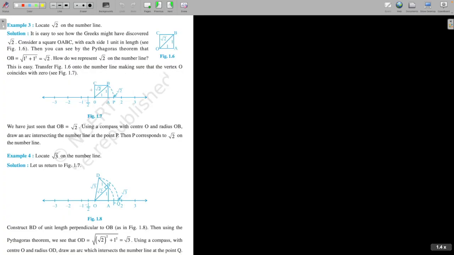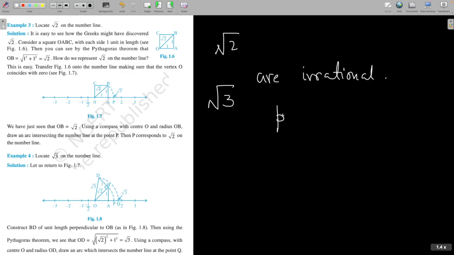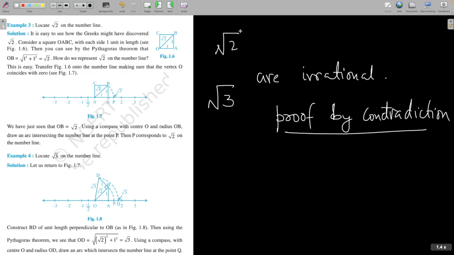So we go to the next topic. But before that, can you locate the other examples? First of all, can you prove that root 2, root 3 are irrational? And I'll just utter the magic word here, which is proof by contradiction. Very interesting. I'm sure you know this, but we'll get back to this some other time, and that'll prove why root 2 and root 3 are irrational, or as we've been highlighting, not rational.